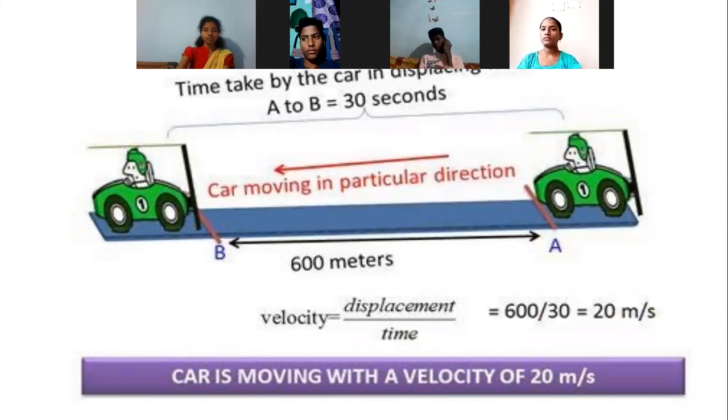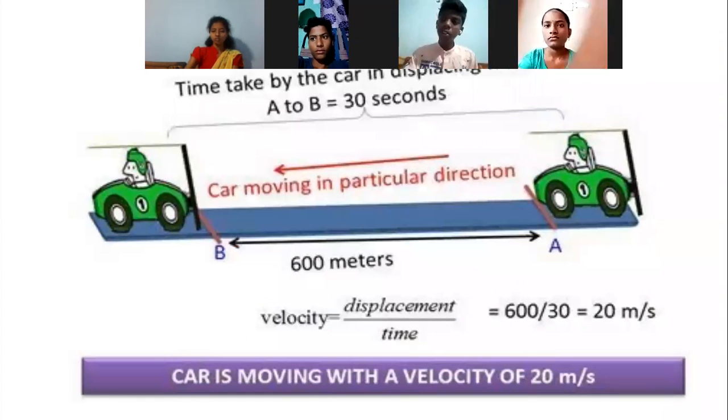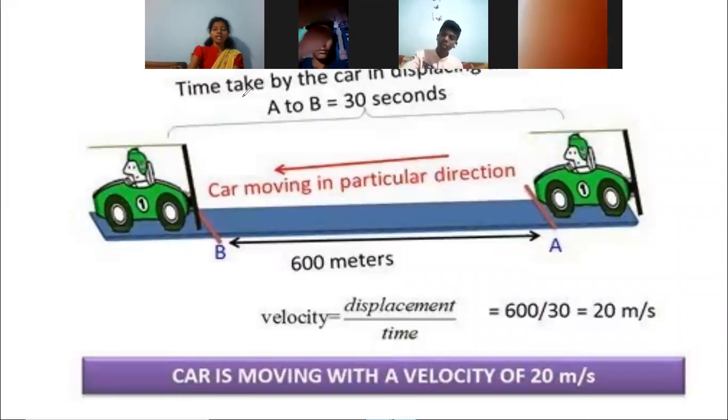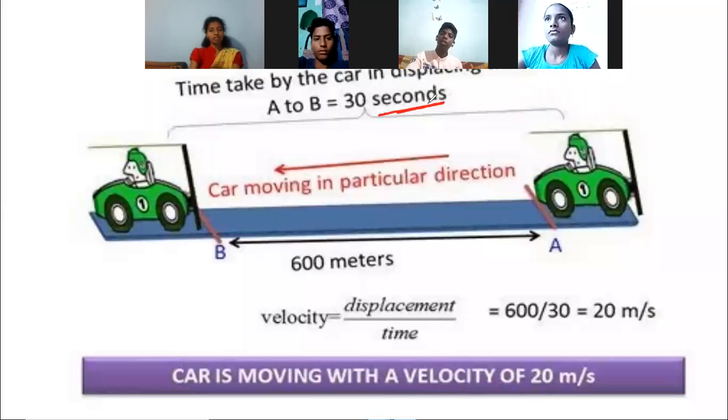See here. The time taken by the car in displacing from A to B equals 30 seconds.